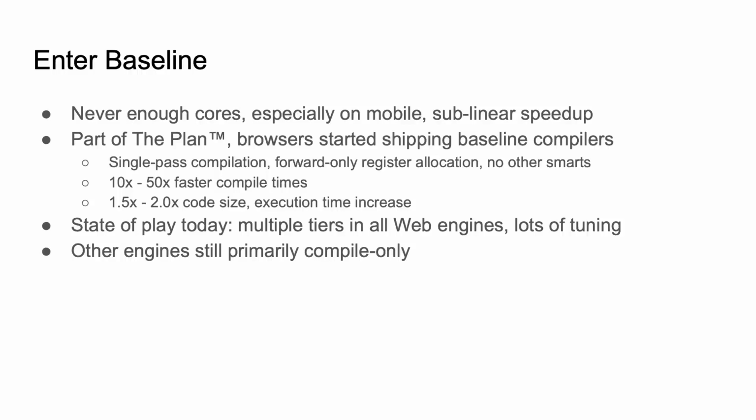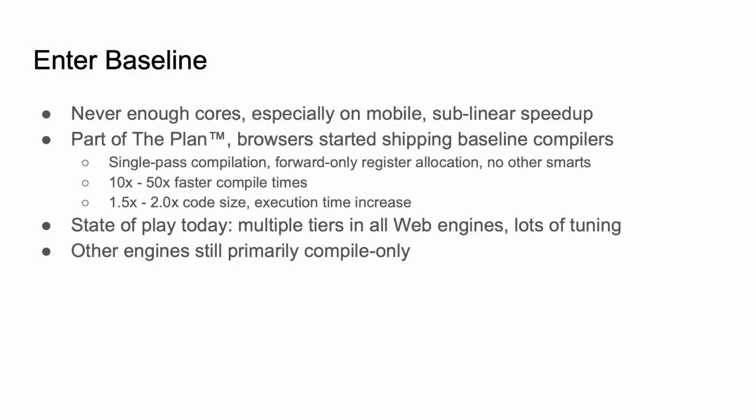But the issue is that you get more code out, so you waste memory, and it also doesn't run as fast because you didn't do as many optimizations. You haven't seen the scope of the function, you just saw one bytecode at a time. So fast forward a little bit to today, actually all of the browser engines are doing this. They have at least two execution tiers for WebAssembly.